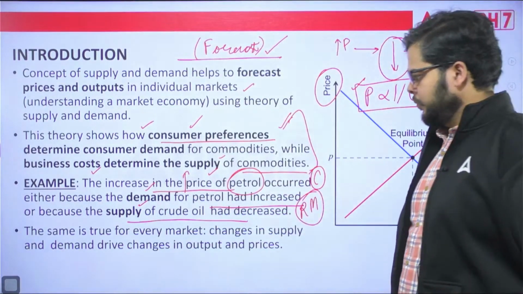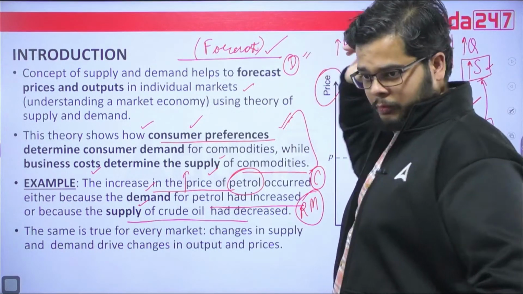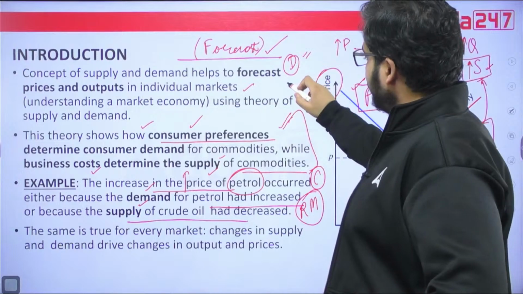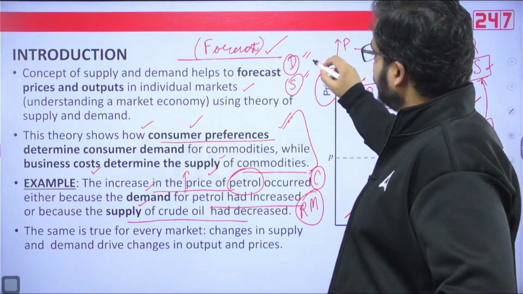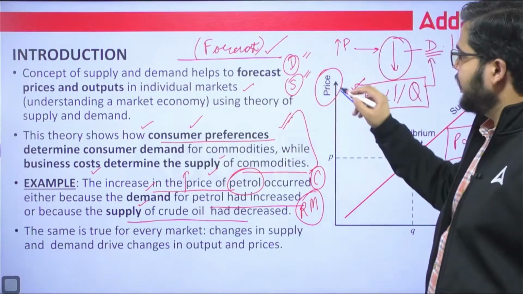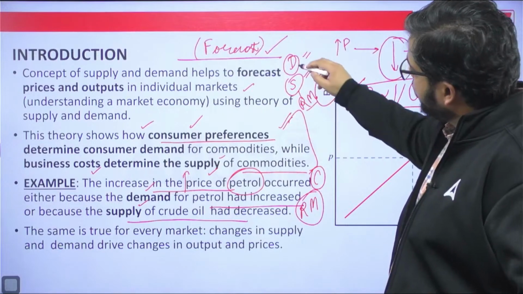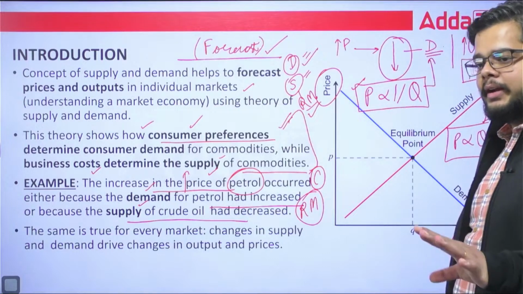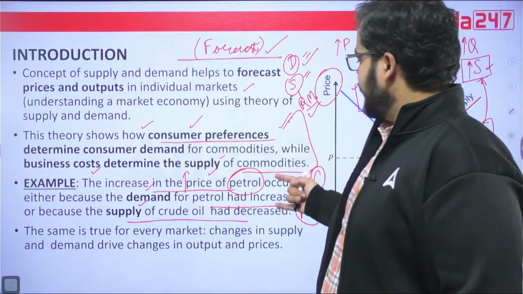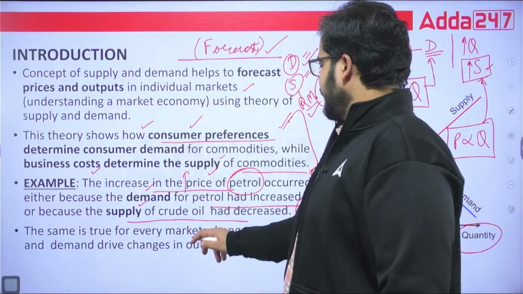What you need to do is know the demand, that is the consumer mindset, and the supply. If you see the demand side and the raw material side of a good, then you can definitely solve this relationship for any commodity. The same is true for every market.